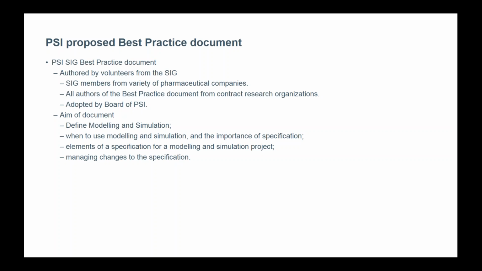The aim of the best practice document was to define modeling and simulation, which is no easy task, in fact. And while we have attempted to define it, we did find it a very slippery thing to do, because conceptually it's difficult to distinguish between just the predictions that you might come up with in a model, say in terms of a least squared means or something like that, versus true simulation.